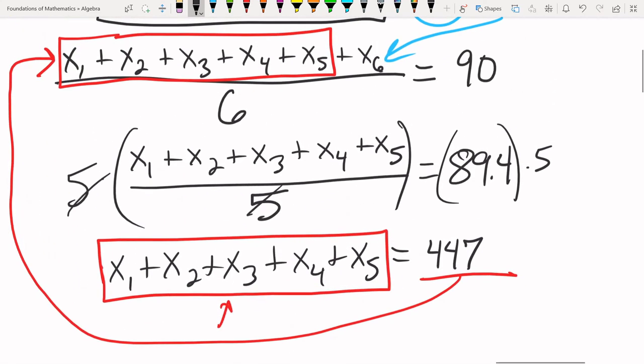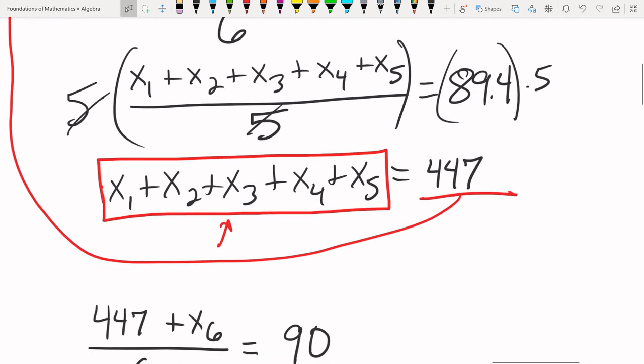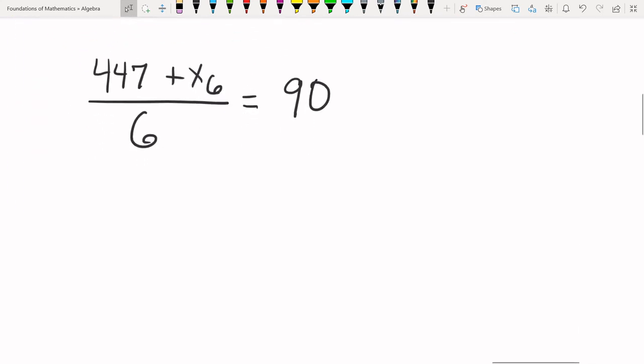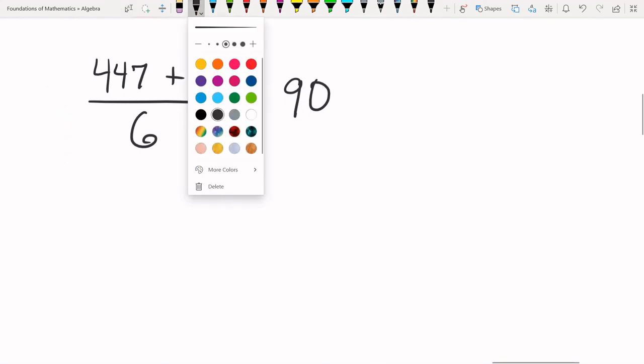All I've done here is I've just replaced the boxed in thing, which is this box, it's the same boxed in thing there, with what it equals to, 447. That's all I've done. So this whole equation simplifies down to this statement here. And this is a linear equation that we can solve.